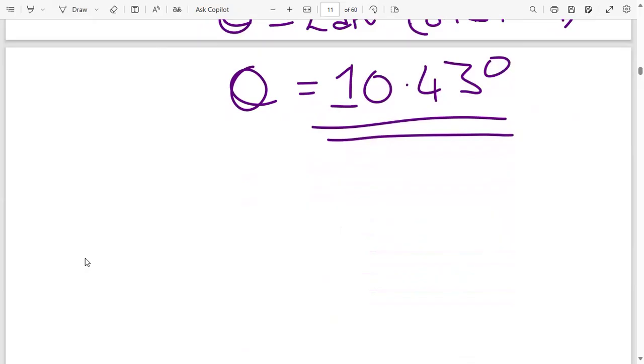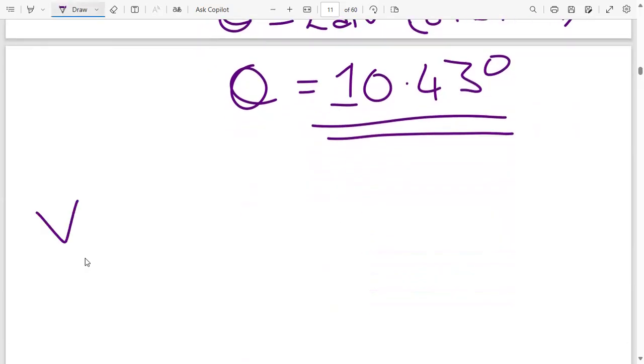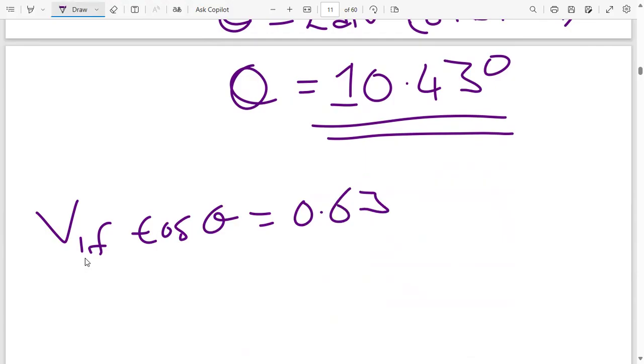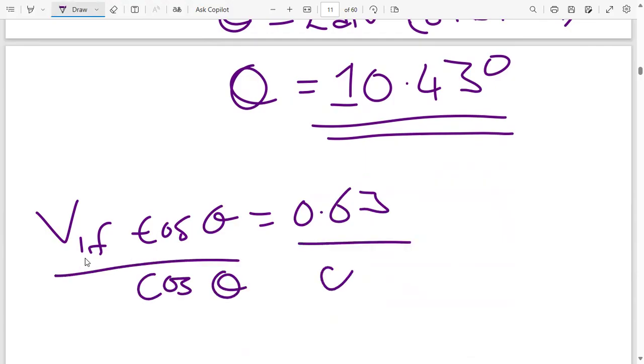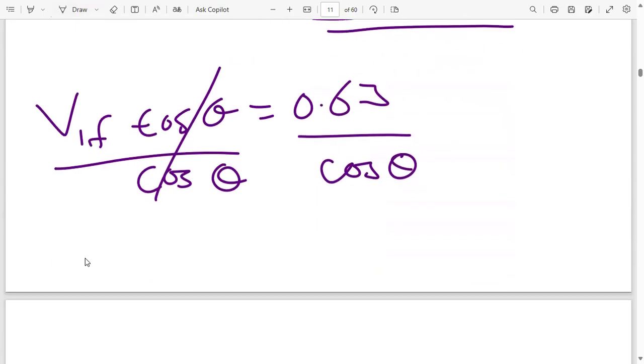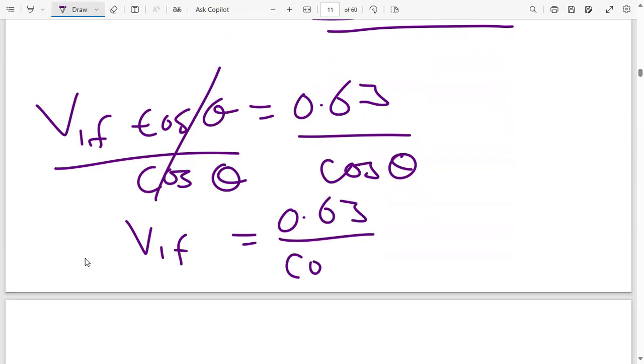We divide both sides by cos theta, so cos theta disappears from the left-hand side, and v1 final is equal to 0.63 divided by cos 10.43.